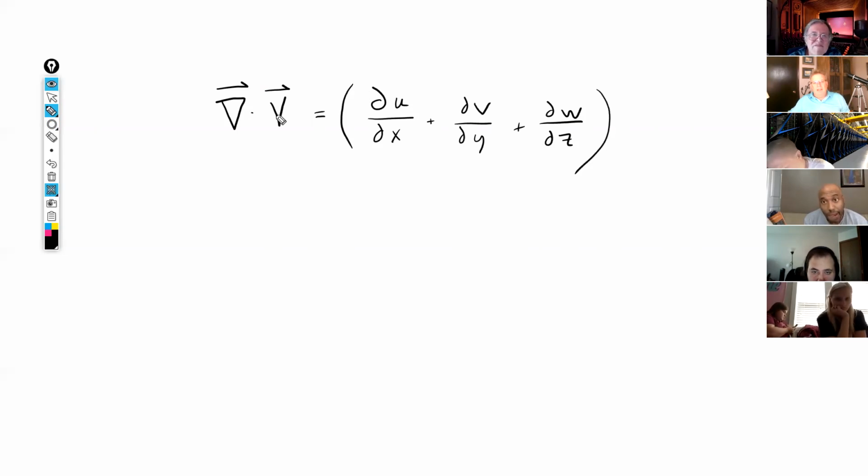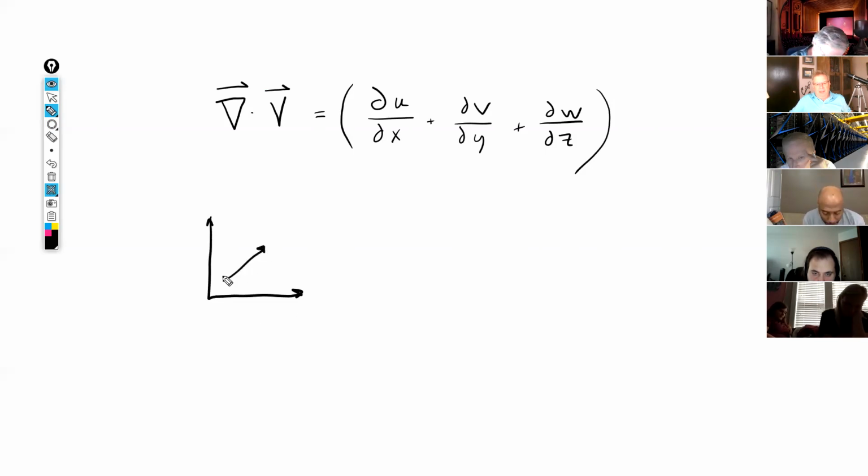So I'm plugging in the velocity, but how does the velocity of something change as you go in the x direction? Let me just go in two dimensions, makes it simple. I have a vector like this, your velocity vector.